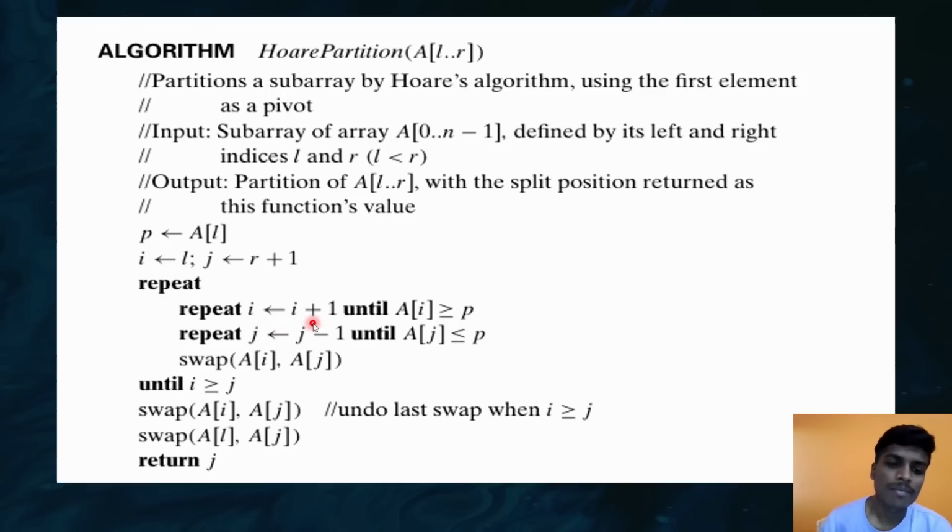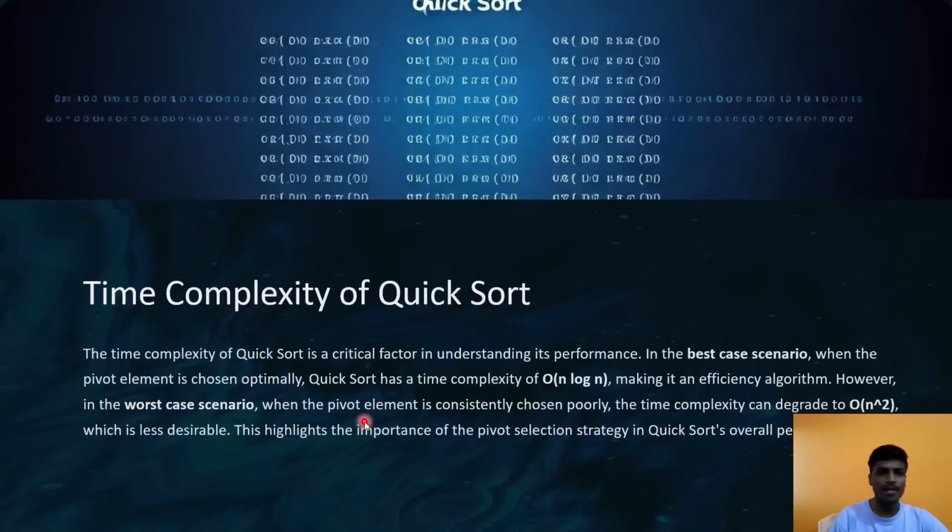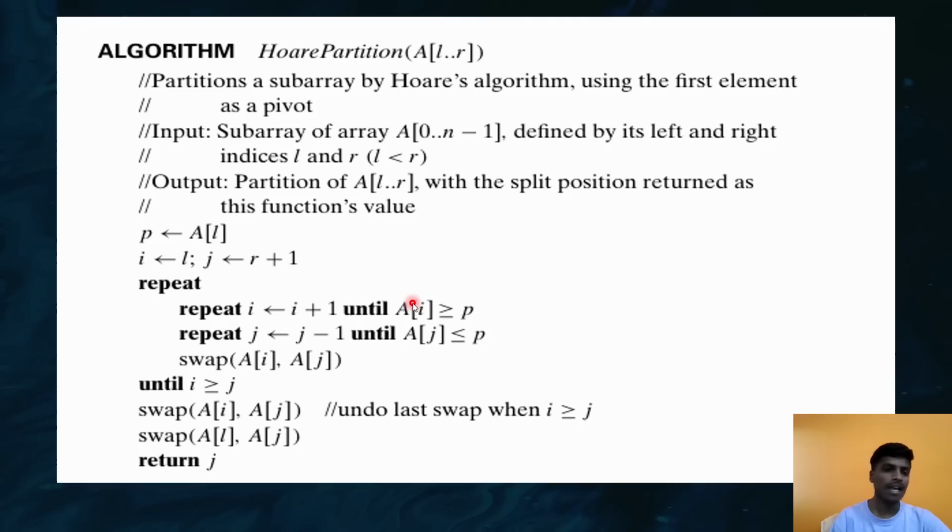Repeat I plus 1 is stored to I until A[I] is greater than P. Then again repeat J minus 1 is stored into J until A[J] is less than P. Now we swap A[I] and A[J], until I is greater than or equal to J. Then we swap A[L] and A[J]. Then we return J. So this is the algorithm for partition.